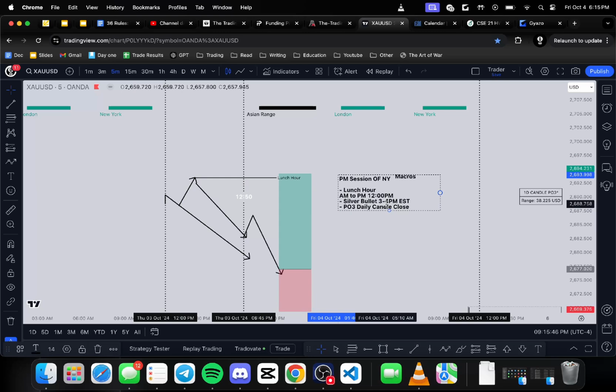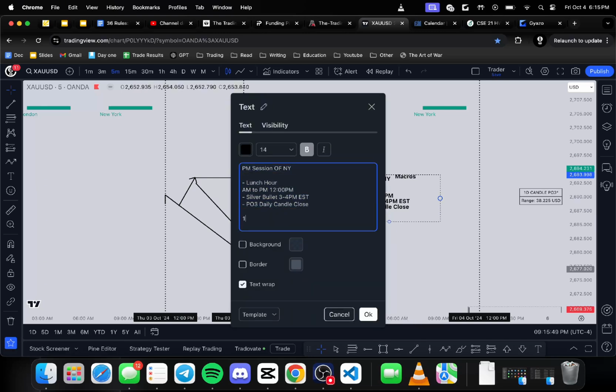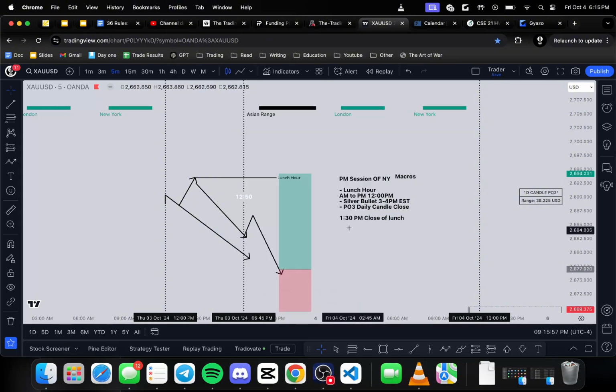Another significant hour that you need to know is 1:30, because 1:30 p.m. is the close of the lunch hour. That's when lunch ends. And that's when the algorithm stops pushing towards where lunch hour was pushing, right?